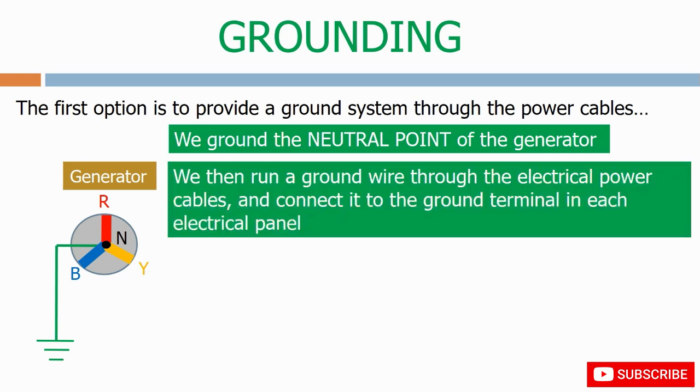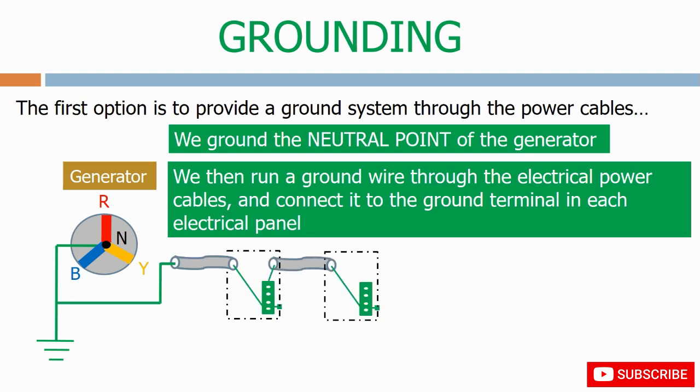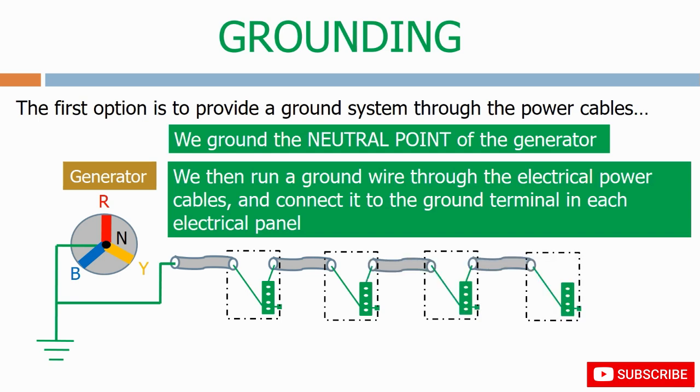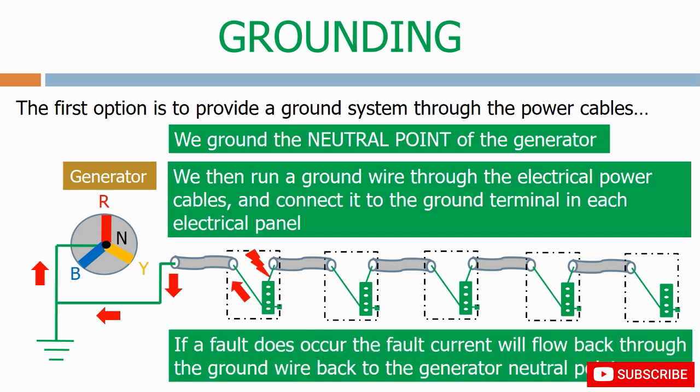We then run a ground wire through the electrical power cables and connect it to the ground terminal in each electrical panel. If a fault does occur, the fault current will flow back through the ground wire back to the generator neutral point.